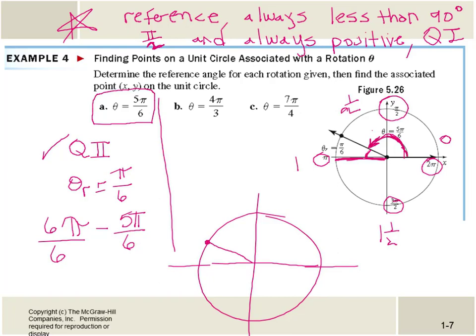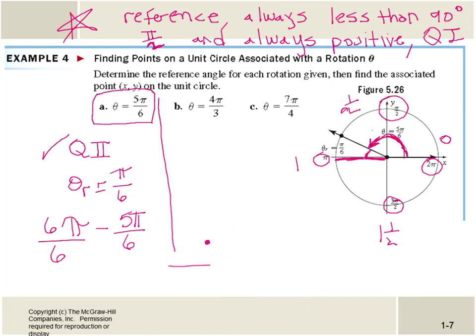Is that the question? Is that the problem? Yeah, pi is 1, pi minus 5/6. It's just fractions. Is that clear for everybody? All right.